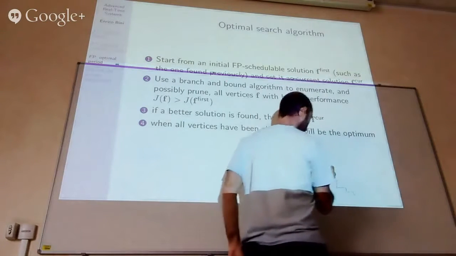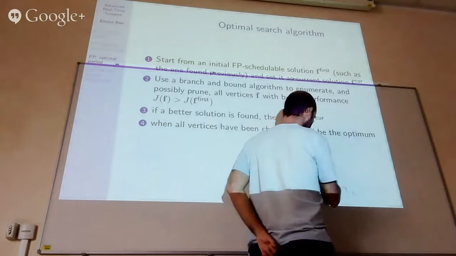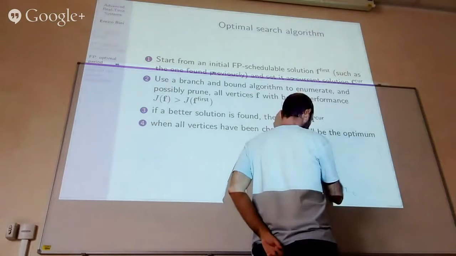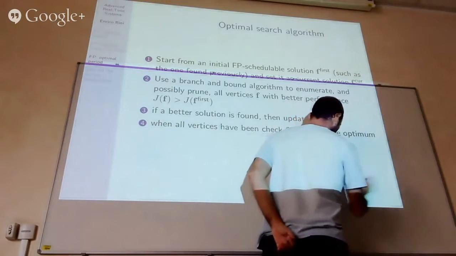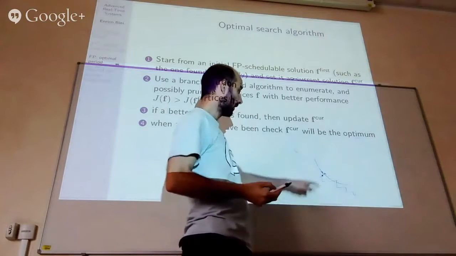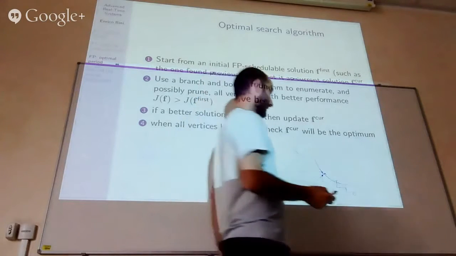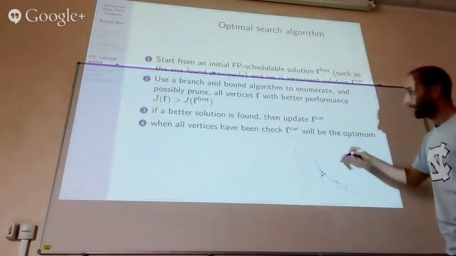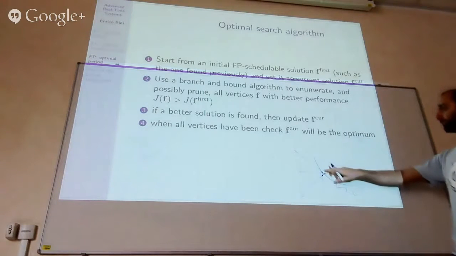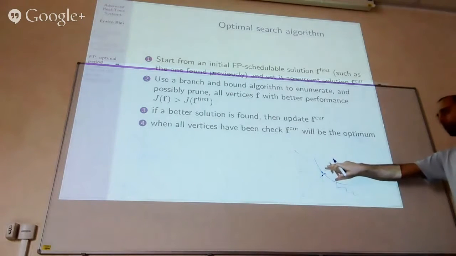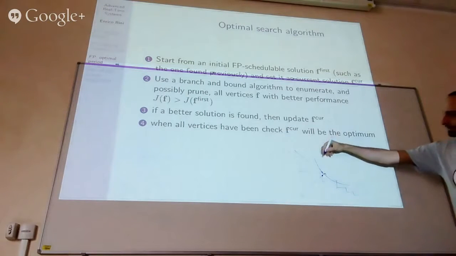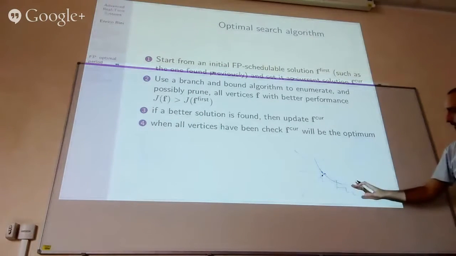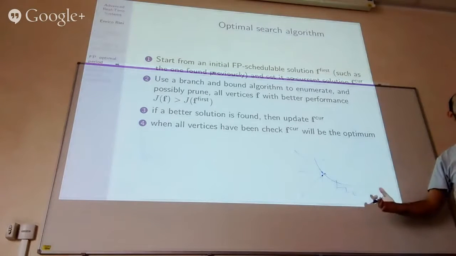Then we know the cost here, so let's draw the level curve of the cost. Any point which can improve the performance must necessarily be on this side of the curve, because points below it necessarily have lower performance.